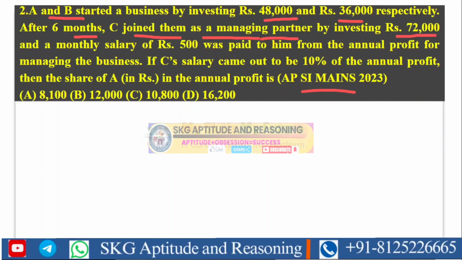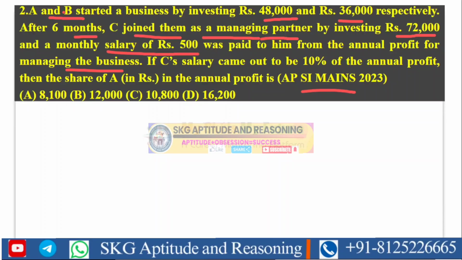He invested an amount of rupees 72,000. As he is a managing partner, he receives rupees 500 as his salary from the annual profit for managing the business. Now suppose there is one problem: is C managing the business for the complete year or for 6 months? If you think C is managing the business for 12 months, that is absolutely wrong.